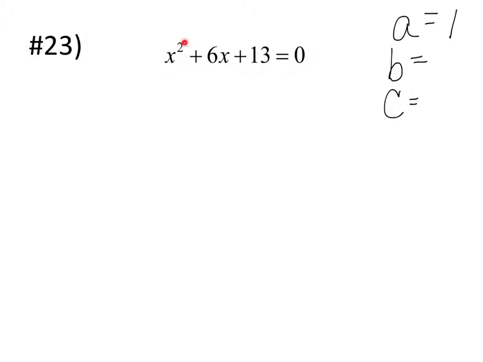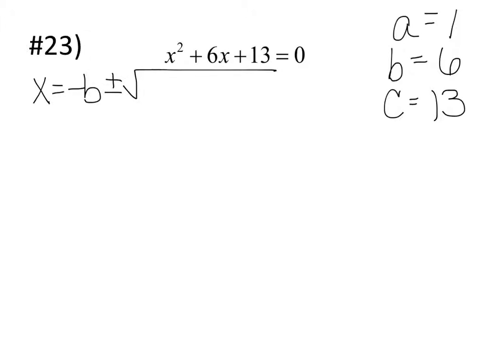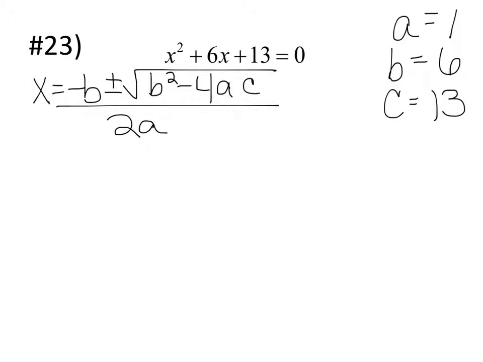It's the coefficient with your x squared value. B is 6. It's the coefficient with your x value. And c is 13. So I'm going to plug into the quadratic formula, which says x equals negative b plus or minus the square root of b squared minus 4ac all over 2a.